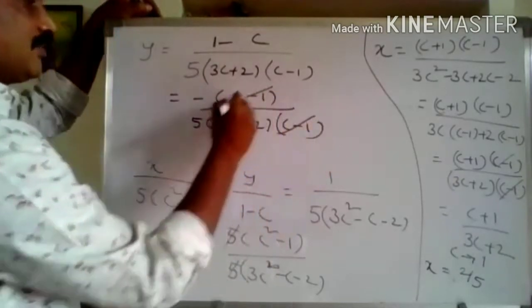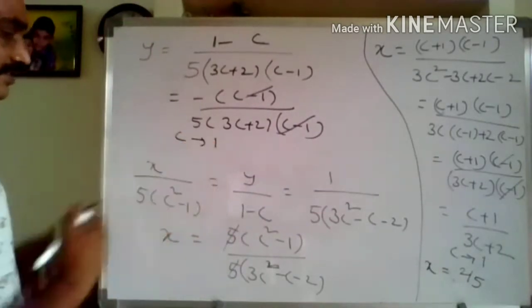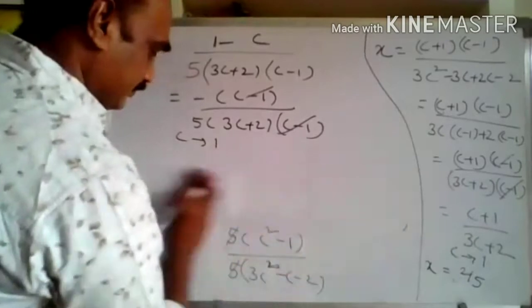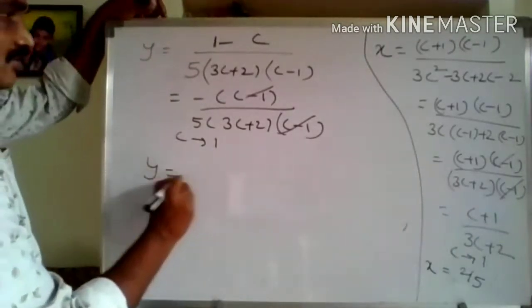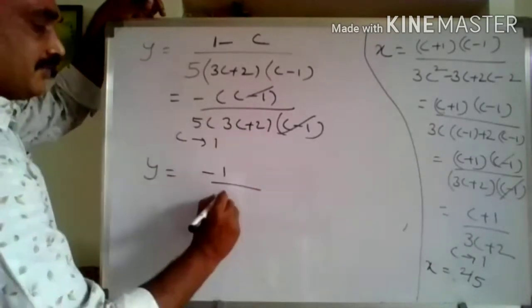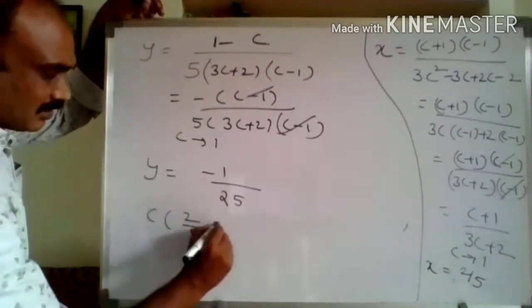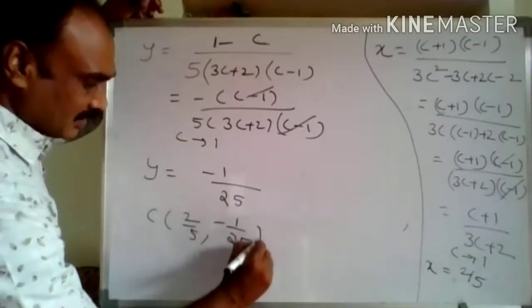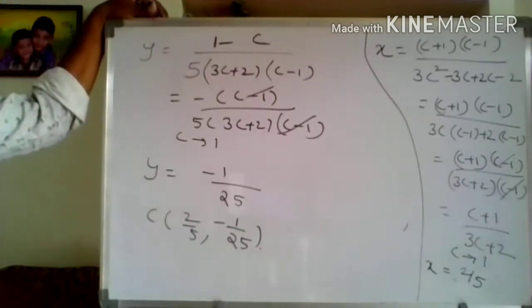So (c minus 1) gets cancelled. As c tends to 1, y is equal to minus 1 over 5 into 5, that is minus 1 by 25. Therefore, the center is (2 by 5, minus 1 by 25).